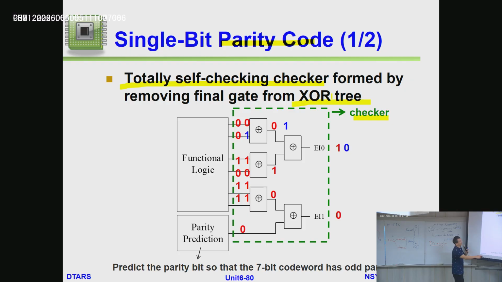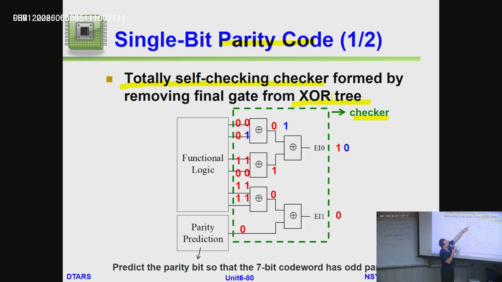Because if you have this 0 0, the error may come from this 1 becoming 0, or this 0 becoming 1, as long as only one bit is flipping. So there are many possibilities. We don't know which one is your error case. So we cannot correct using parity code. So usually parity code is used to detect errors only.